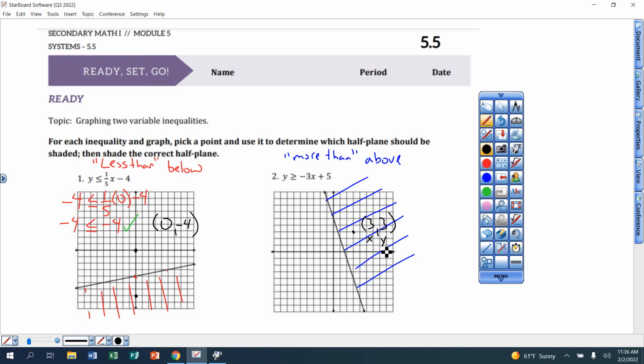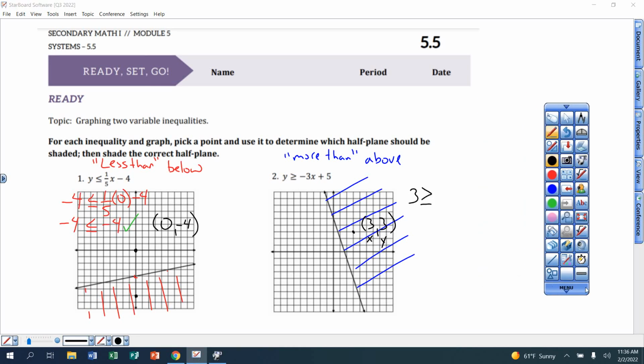Plug in 3 for this equation's y. More than or equal to -3 times another 3 from that x coordinate. See if that's true. Is 3 more than or equal to -9 plus 5? Is +3 more than or equal to -4? Yes, it is.